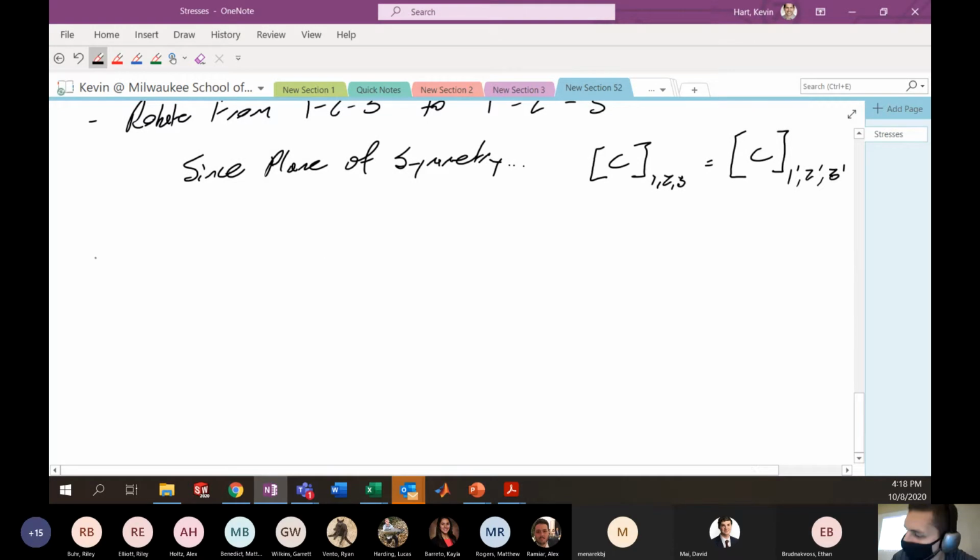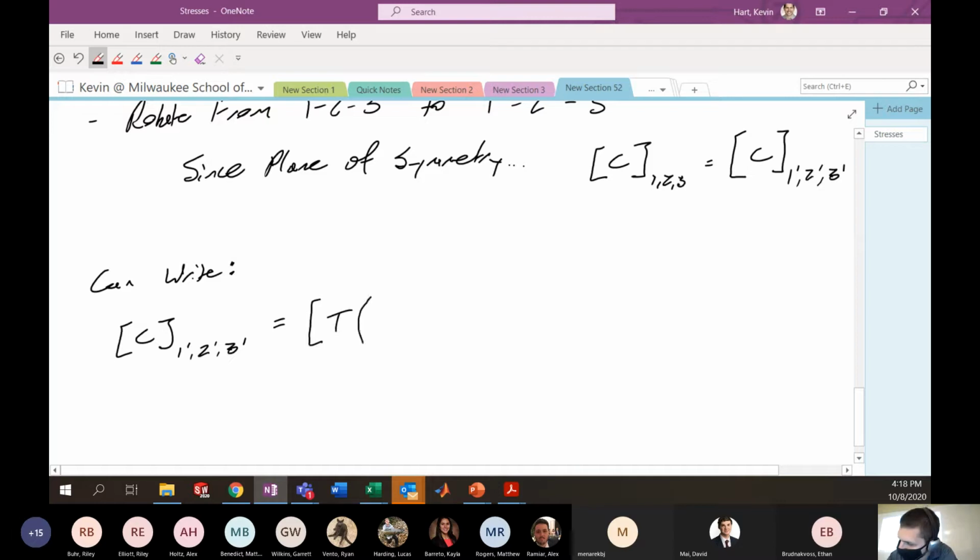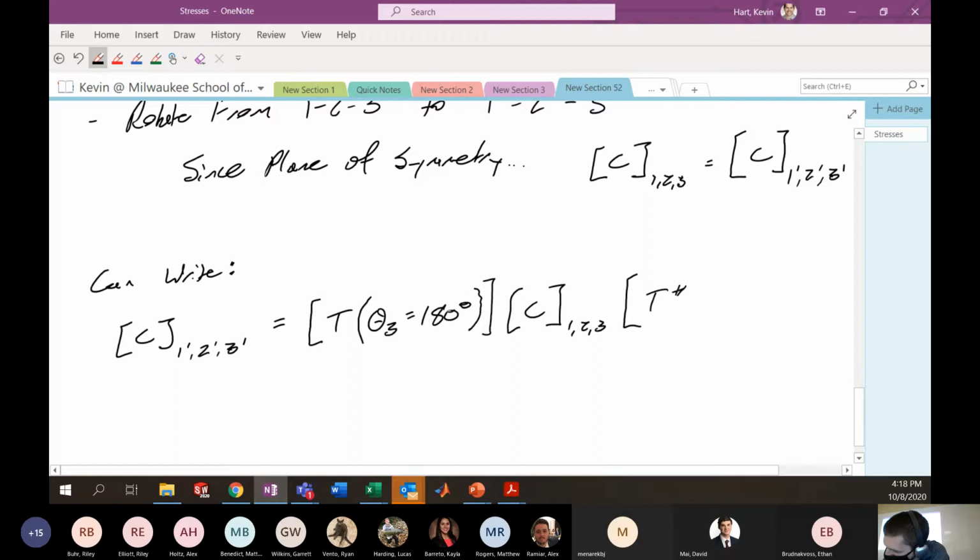And so we can write the following, that the stiffness matrix in 1', 2', 3', after using our transformations, is the transformation matrix T for a rotation of theta 3 equals 180 degrees, multiplied by my original stiffness matrix C in 1, 2, 3, multiplied by my T star matrix for theta 3 equals 180 degrees, inverted.